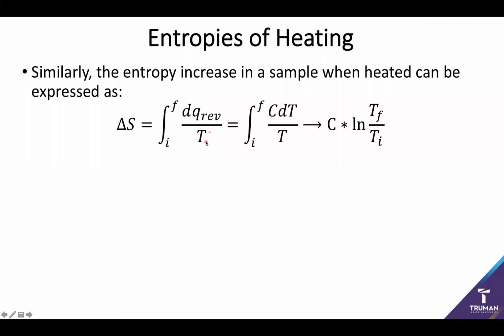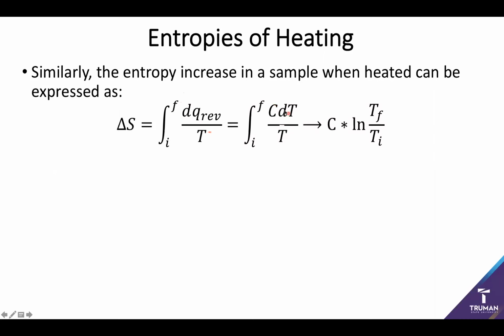Now, one of the problems that we end up getting into is the fact that the heat and temperature themselves are going to be linked. So one of the ways around this, and to help simplify this integral, is to realize that the heat transfer is going to be related to the heat capacity of the system and the change in temperature.